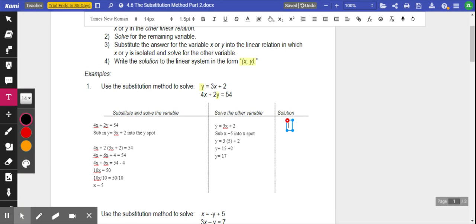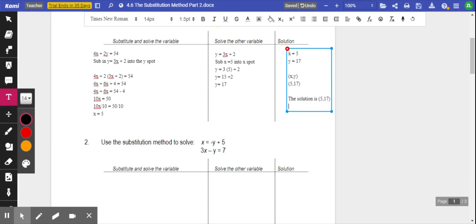So the answer then, we know x is equal to 5, we know y is equal to 17. The coordinates are the x and y. If we just fill them in, we could read 5 and 17. And the solution is, and these are coordinates. So once again, these are the points, or this is the point on a grid in which y equals 3x plus 2 and the line 4x plus 2y equals 54 would intersect or meet.